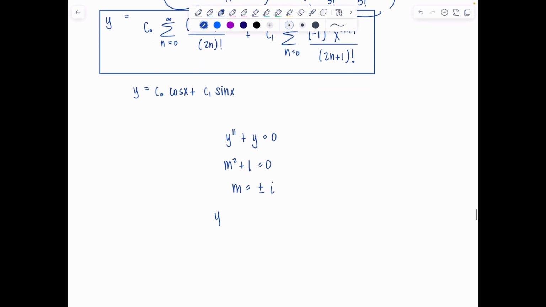So then we would have y equals, in this case, alpha is 0, beta is 1, e to the 0x times c1 cosine x plus c2 sine x. And so we get y is c1 cosine x plus c2 sine x. Same thing. But they had to solve with power series for this particular problem per the directions, okay? This is a good way to confirm.